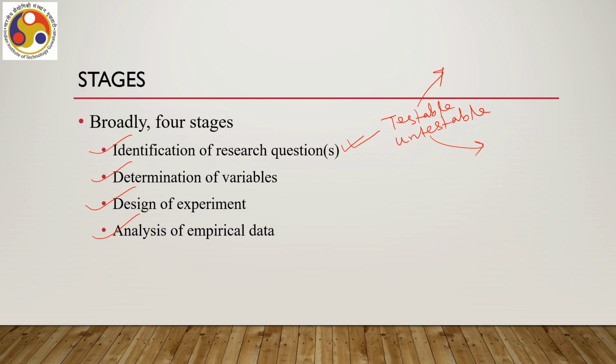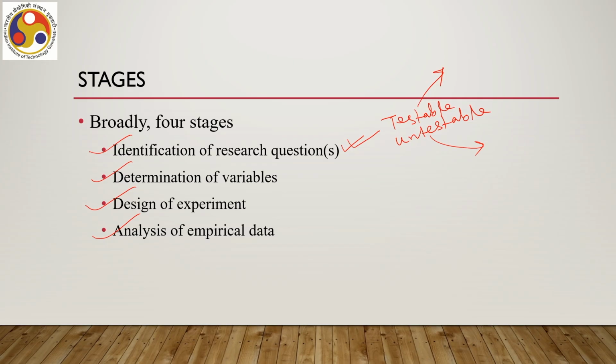The answer is relevant to in general conclusion on usability. However, it is possible to conduct experiments and collect data for testable questions, whereas it is not possible to conduct experiments and collect data for untestable questions. So, there is always a trade-off.